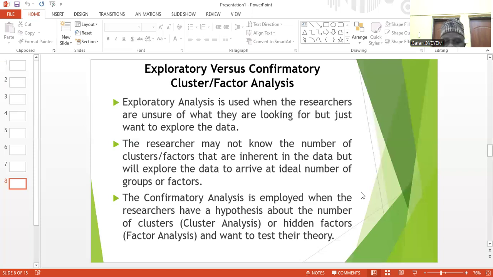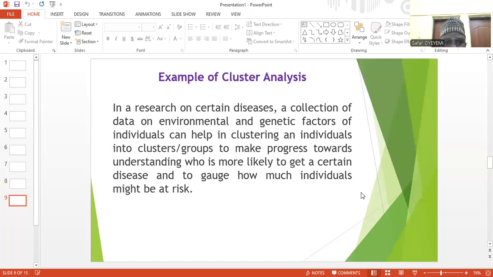Whereas in confirmatory analysis, the researcher already has a hypothesis about the number of clusters or factors that the data may have. And so now he wants to test the theory by collecting information or by using such data.